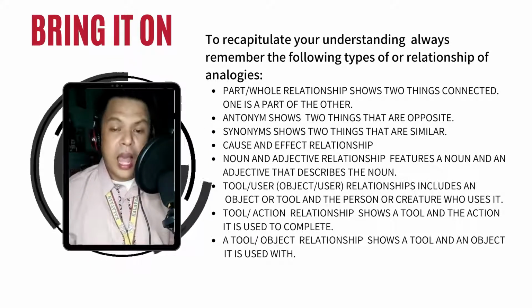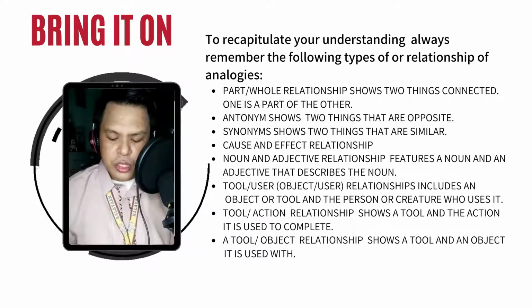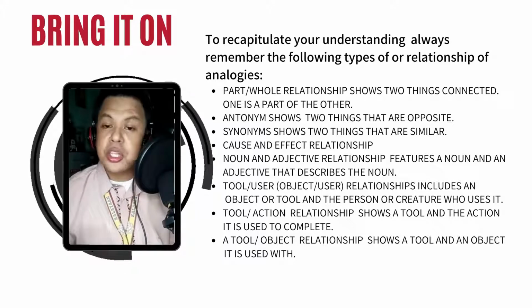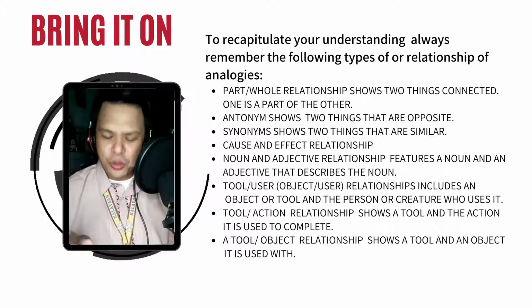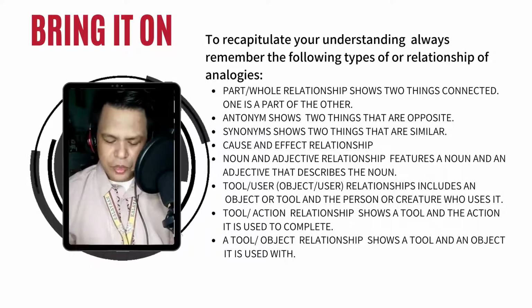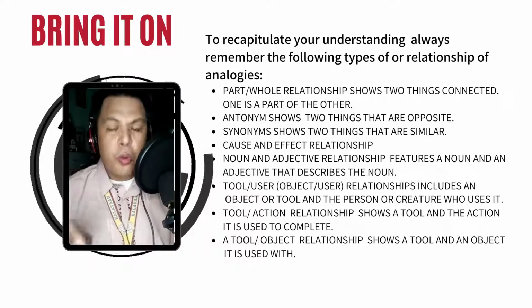Number 7, a tool or action relationship, which shows a tool and the action it is used to complete. And lastly, number 8, a tool or object relationship, shows a tool and an object it is used with.